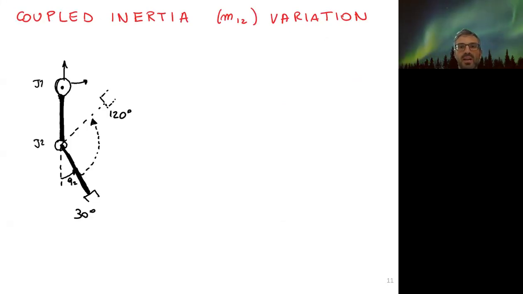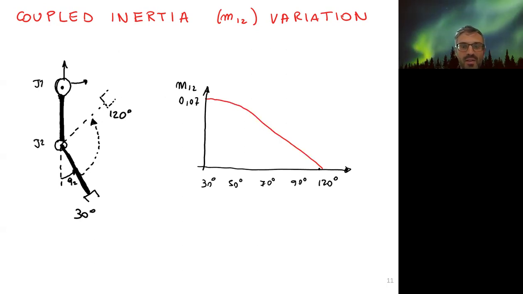You can find in another file the computation of the inertia M12 according to the position of joint Q2, and you will see that it varies with a cosine according to the Q2 angle.